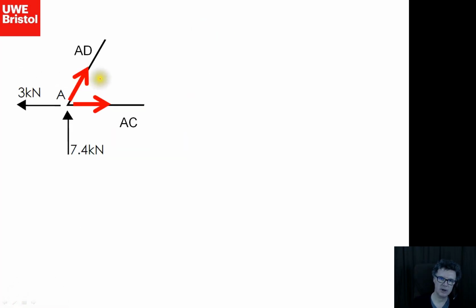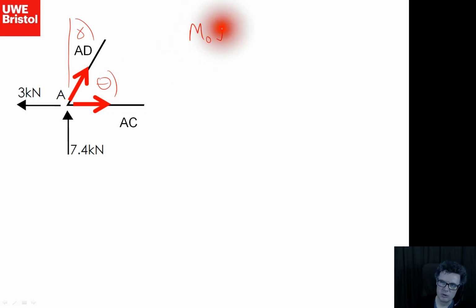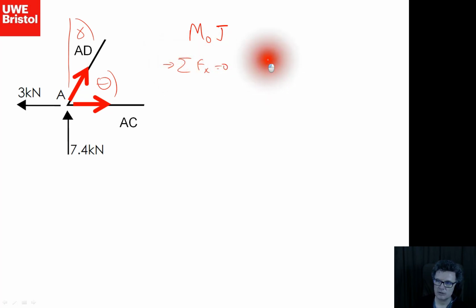And if you had those values, then what could you do next? Let's say we knew those angles. Well, then you could resolve, and you would call this method of joints, so you call it MOJ. When you do method of joints, you're going to resolve forces in the x direction, and you're going to resolve forces in the y direction.